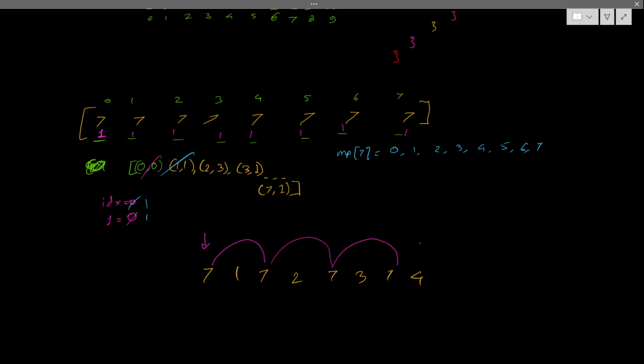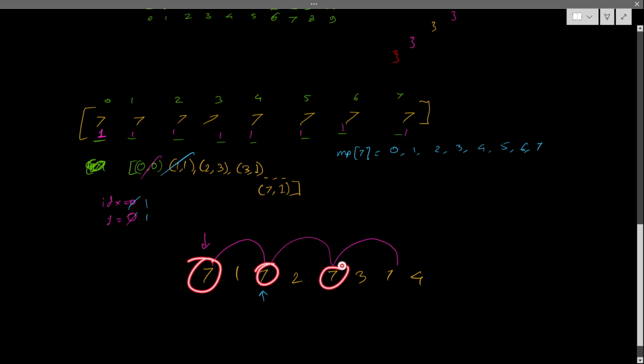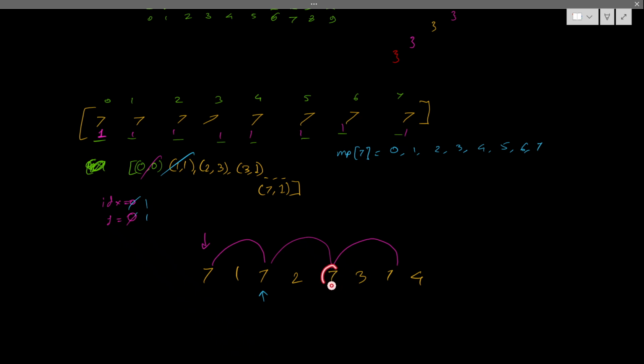Correct? So when I reach this 7, should I check these other places? No, because whatever the other places are, they are already added by my previous item.